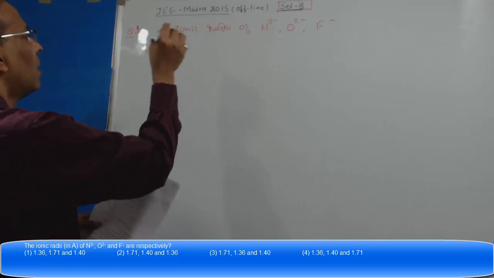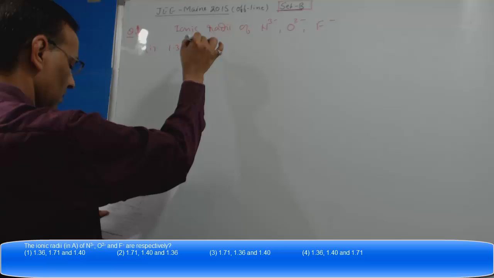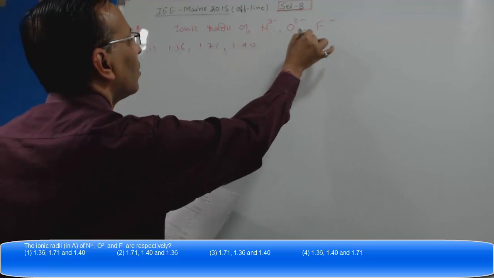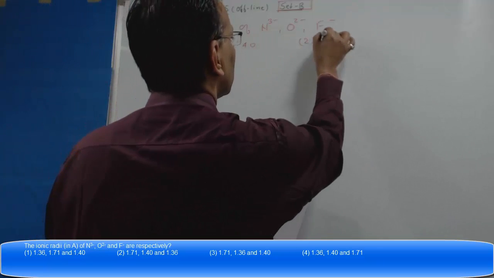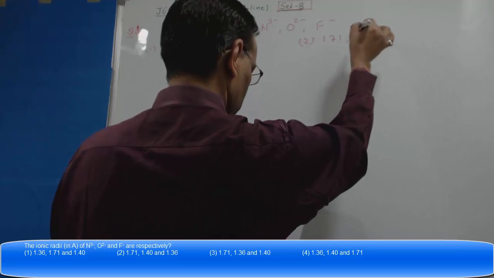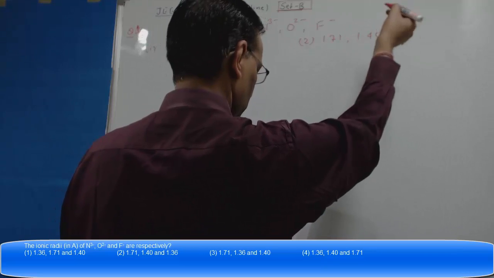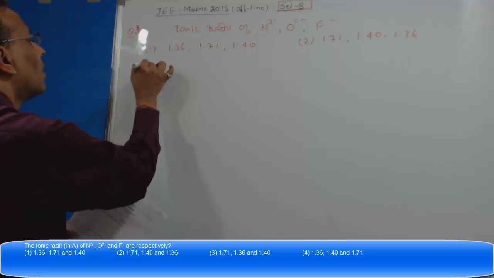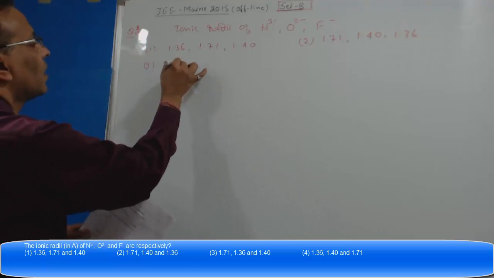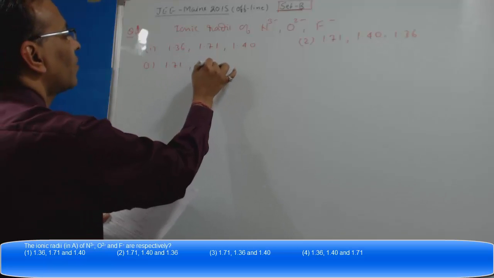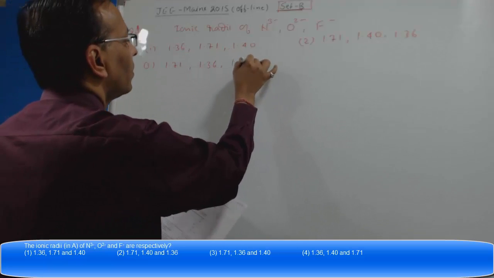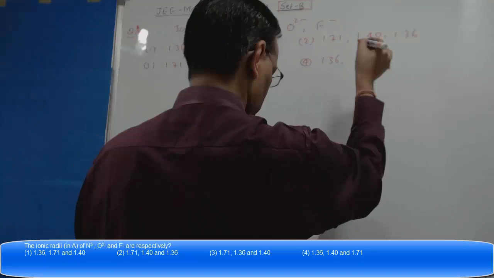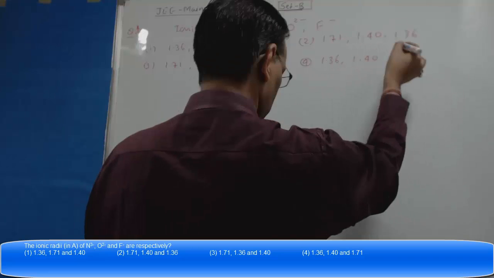1.36, 1.71, 1.40 is the first; 1.71, 1.40, 1.36 is the second; third is 1.71, 1.36, 1.4; fourth is 1.36, 1.40 and 1.71.